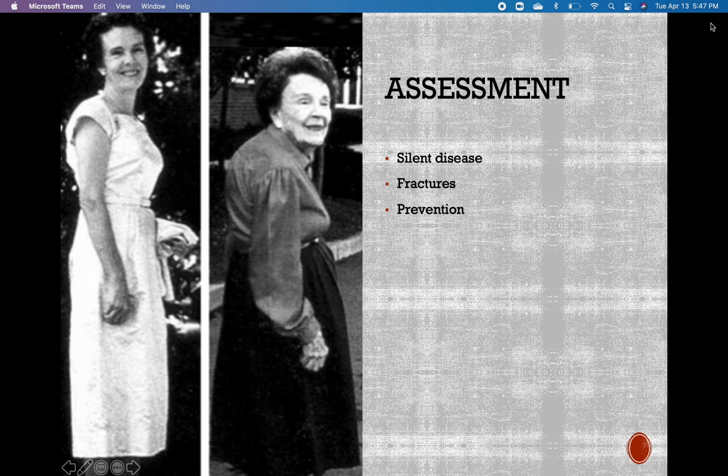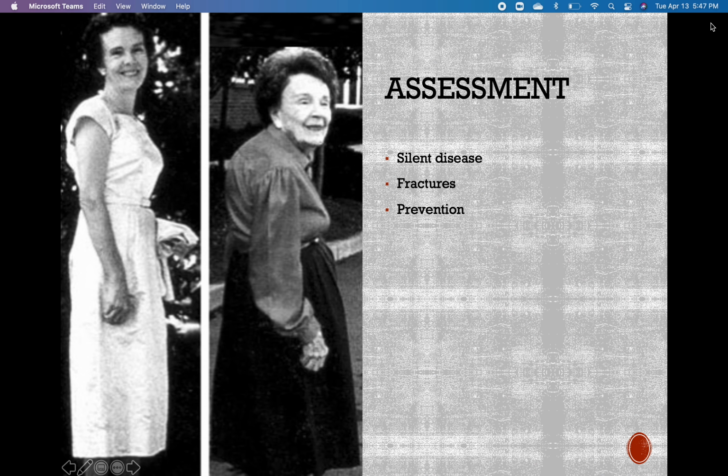Again, the best thing we can really do is to build strong bones as a young person through activities such as weight bearing exercises. So, if we can start to implement interventions in our young patients, our young individuals who are going to maybe be at risk in the future, young women, that kind of thing, and encouraging them to do those weight bearing exercises like weightlifting or good physical activity, walking, running early on.